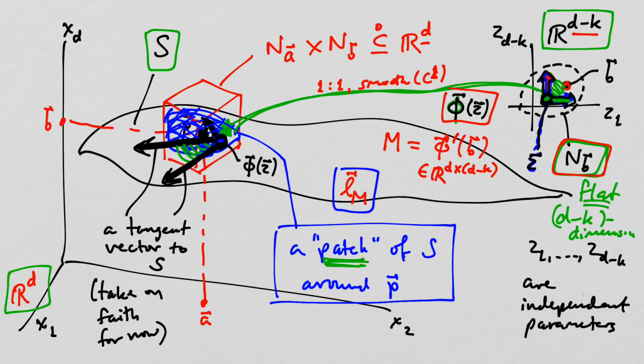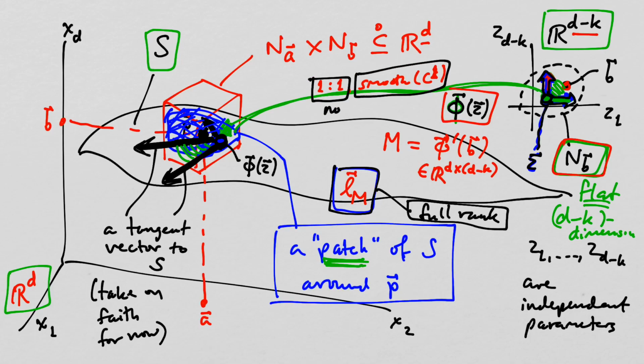Now, to get that to happen, I need this linear map to be of full rank. Because linear maps of full rank preserve dimension. They preserve linear independence. When you have a matrix of full rank, the corresponding linear mapping always takes linearly independent vectors and maps them onto linearly independent vectors. So that's the reason why it's not good enough for a parameterization to be 1-to-1 and smooth.